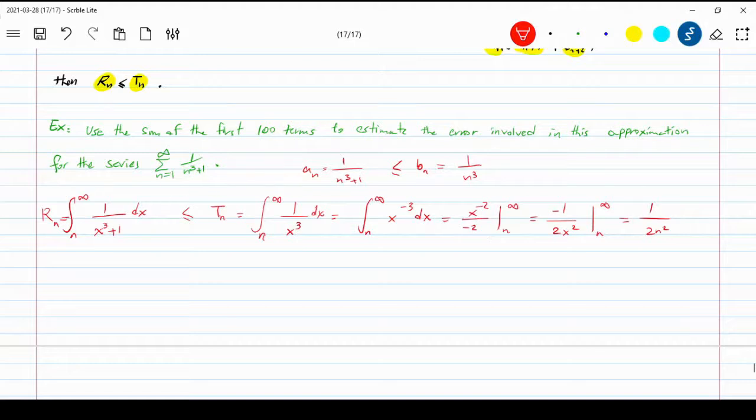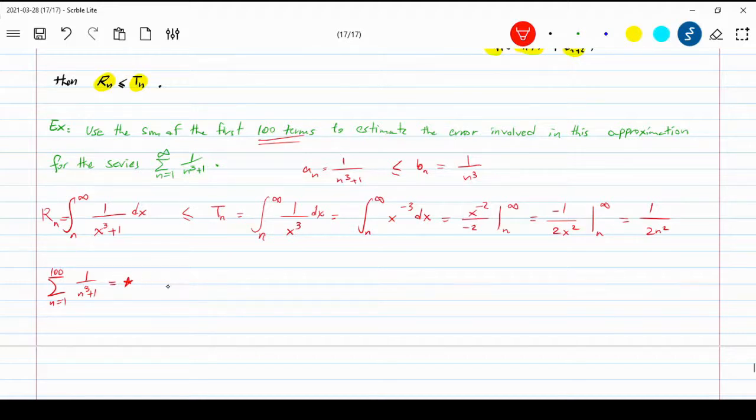So if we apply 100 terms, what can I say? The sum for n from 1 to 100 of 1 over n cubed plus 1 will be some number. Whatever that number is, it is close to the result.